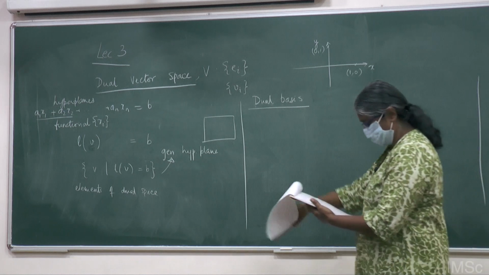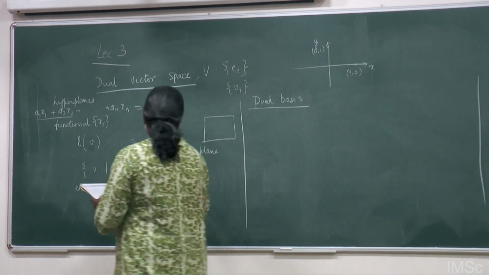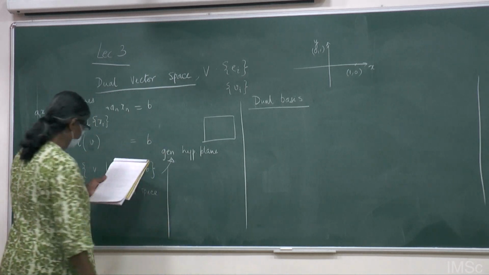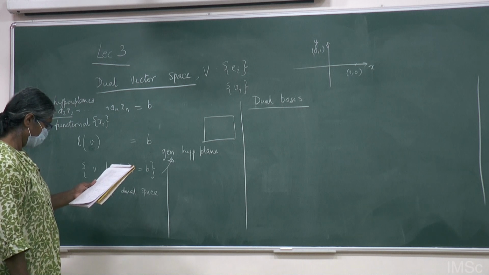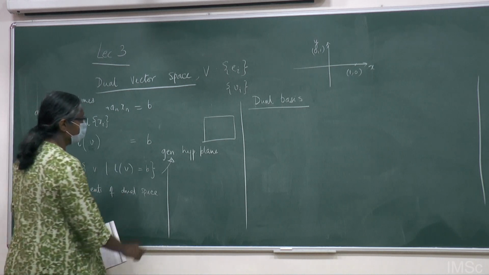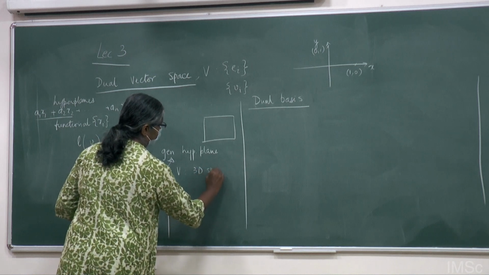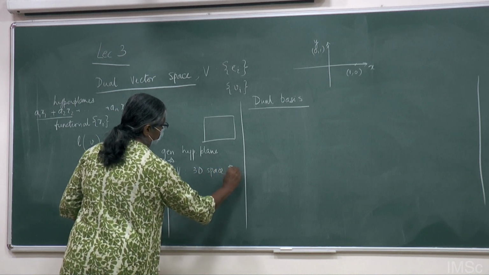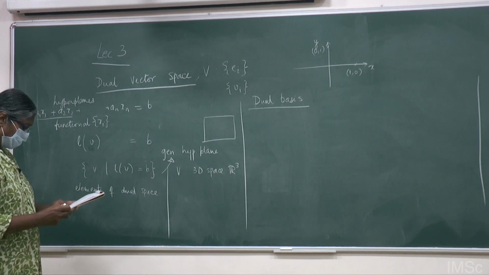Maybe I'll give some examples so that you will see something concretely. So before I go to here, I will just show you a set of examples. Suppose I take V as 3D space, flat space, which you can call anything, but it's just 3D flat space.